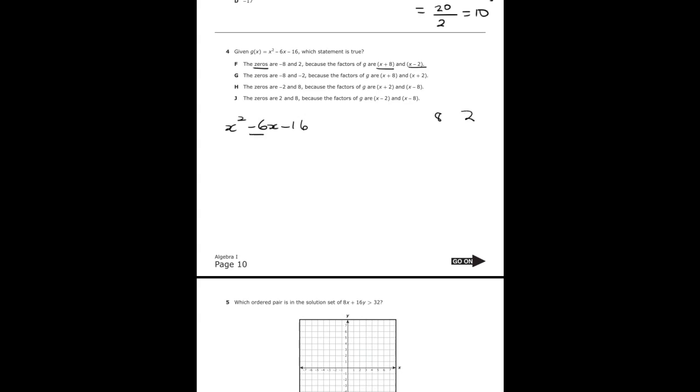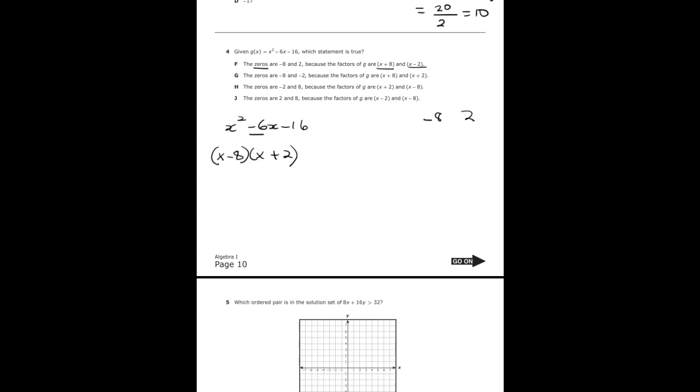Because my 6 is negative, I'm going to end up with negative 8. So this is going to be x minus 8 and then x plus 2. So those are the factors of this expression here: x minus 8 and x plus 2.